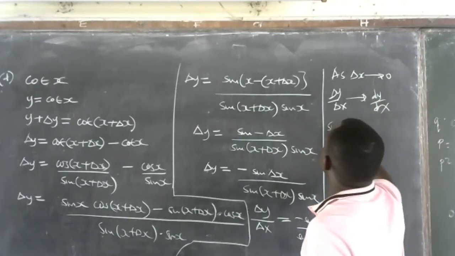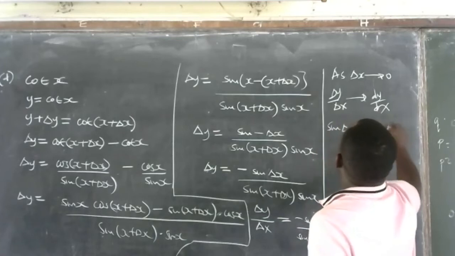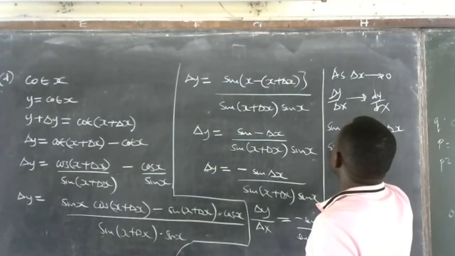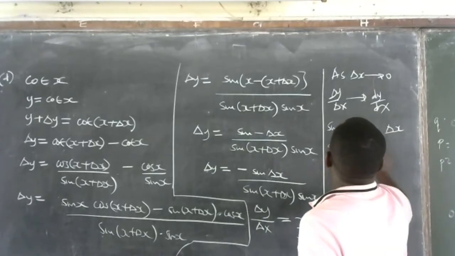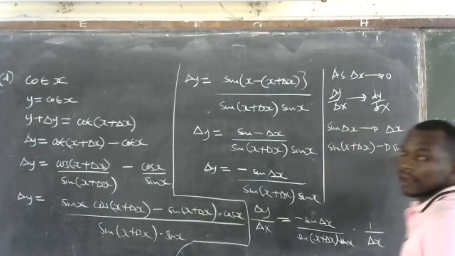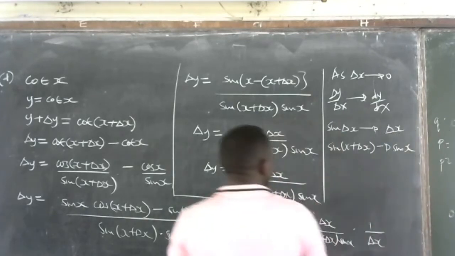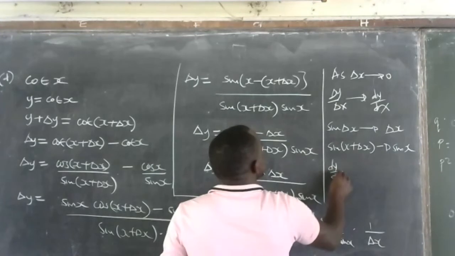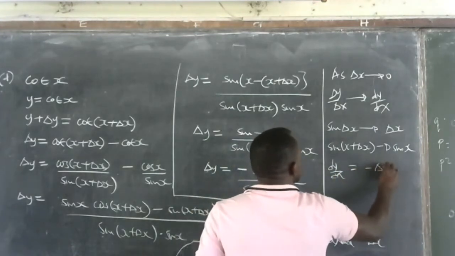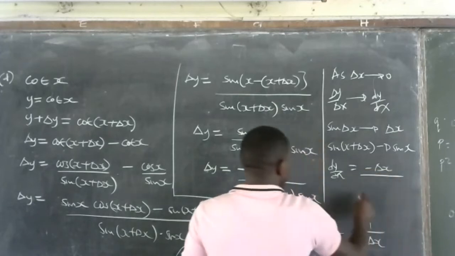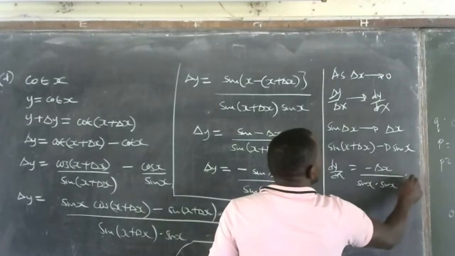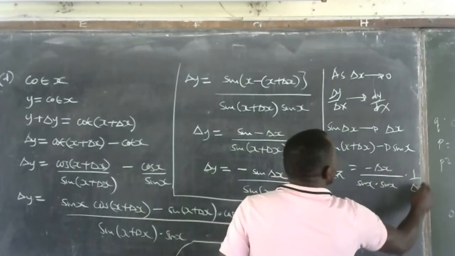The sin of change in x becomes the same angle change in x, and the sin of x plus change in x becomes sin x. Therefore, coming back, we have dy dx equals negative change in x, over sin x times sin x, times 1 over change in x.